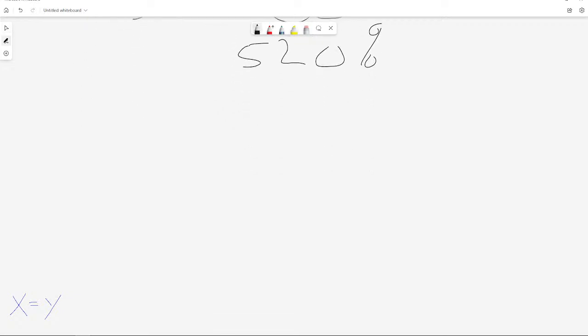Okay, now let's try converting 13 over 25 to a percent. So the easiest way to do this is, remember, we wanted over 100.